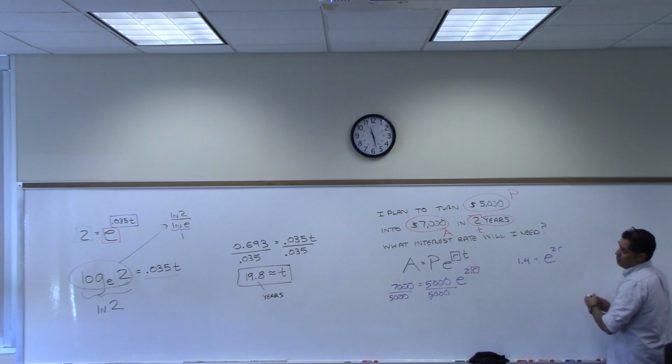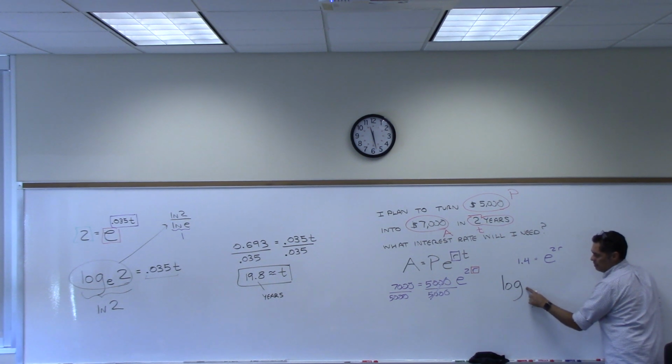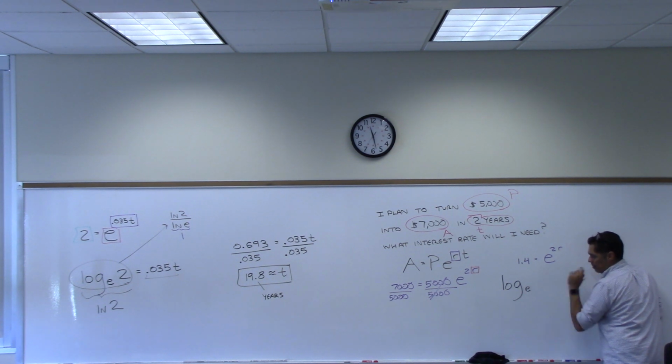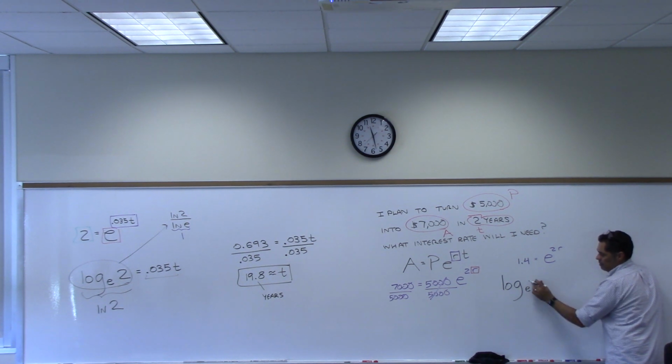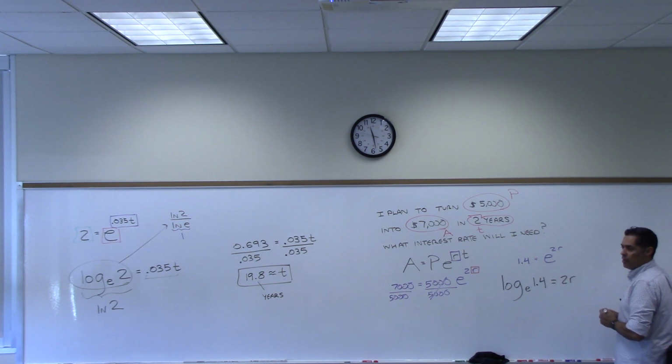Now, I've erased the formula from the board, so let's see if you can do it. It's log what base? What is the subscript here? e. And then, careful. What is it for us here? 1.4 equals 2R.